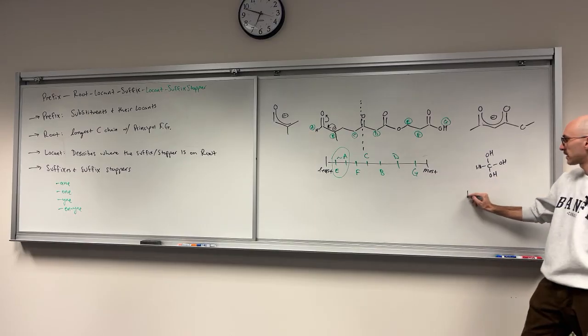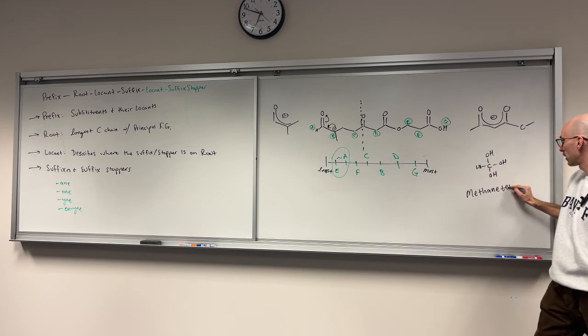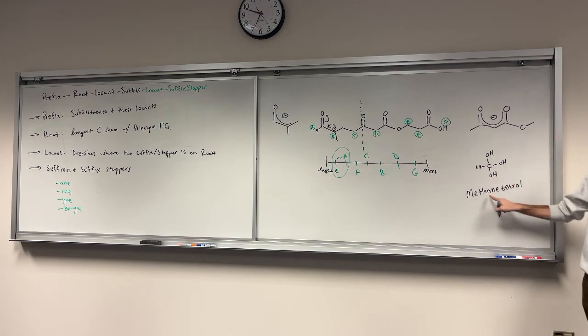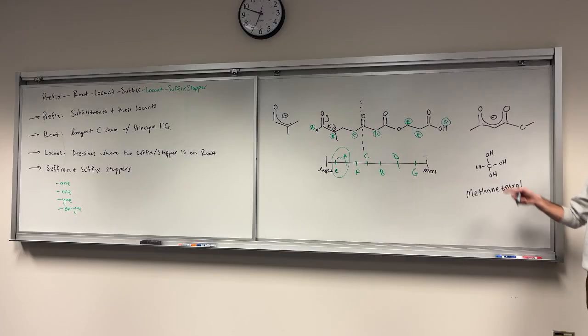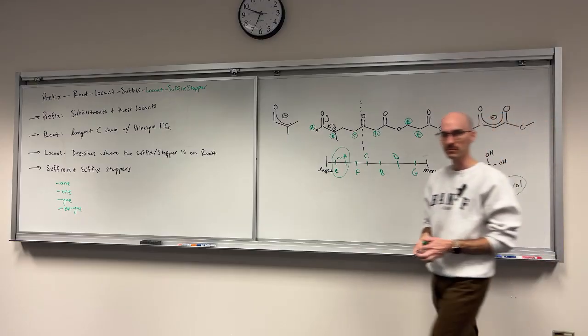This has a name, methane tetrol. Where's the alkane functionality? There is no CH bond in the whole molecule, right? So where's the alkane? It's an sp3 hybridized carbon, so that is the root. And the suffix is that, and the suffix stopper is OL.